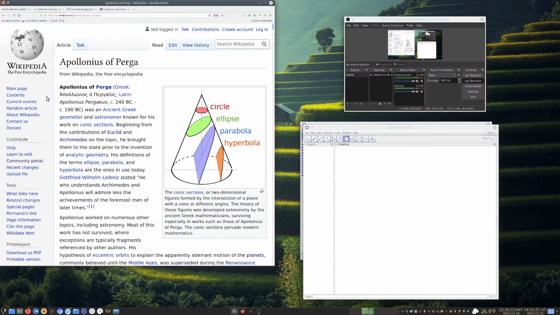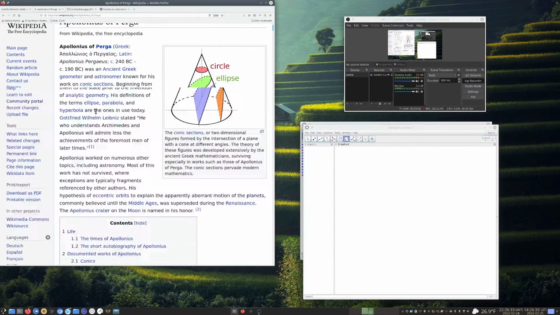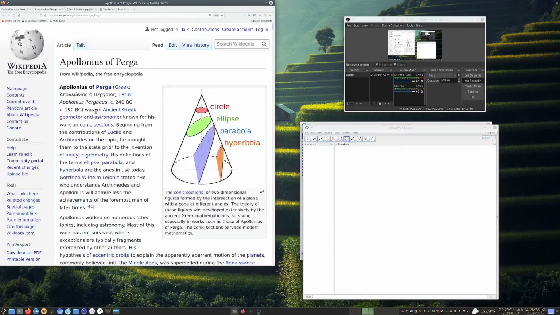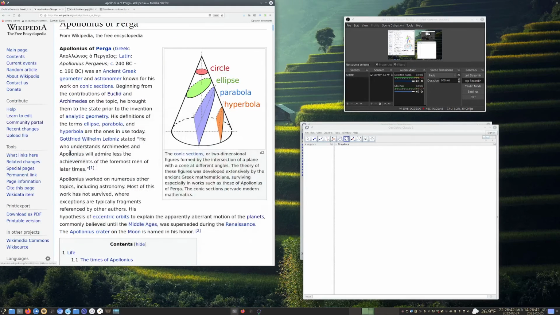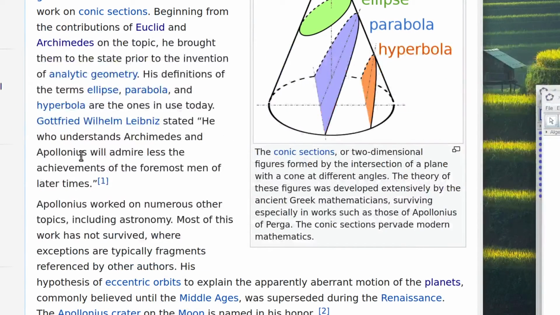Euclid was around 300 BC, and then Archimedes, so he would have been a contemporary of Archimedes. Leibniz said this: he who understands Archimedes and Apollonius will admire less the achievements of the foremost men of later time. That's correct, yeah.